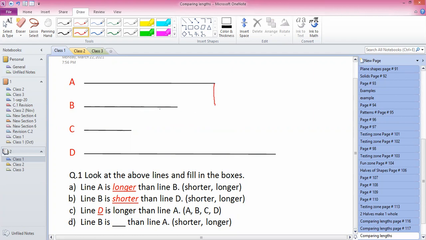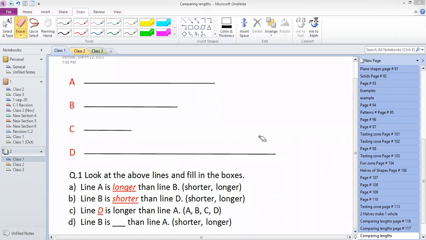So which line is longer, A or B? A. And which line is shorter, A or B? Shorter means small. B. So line B is shorter than line A because line A is bigger, longer. Okay? Good.